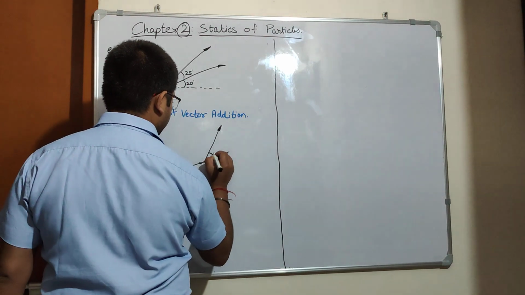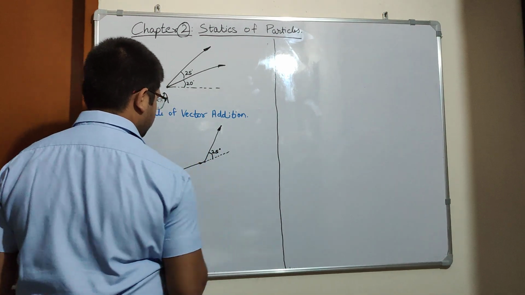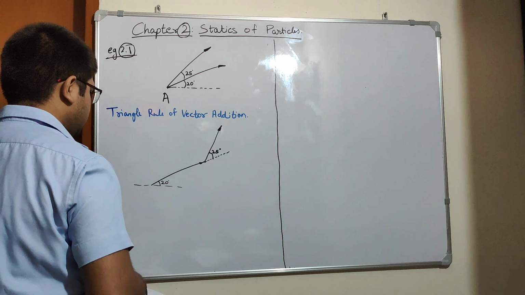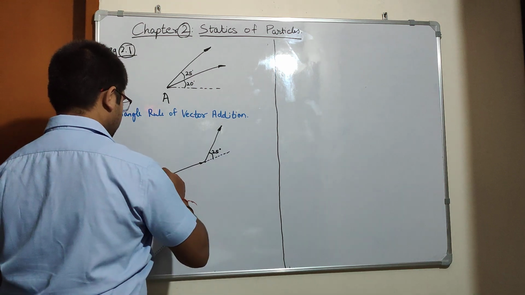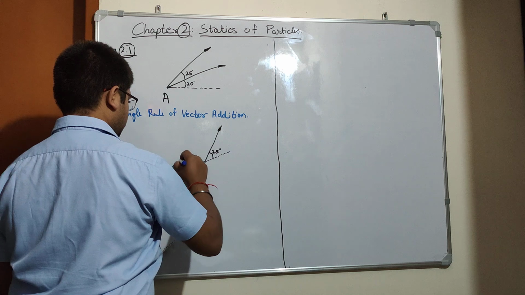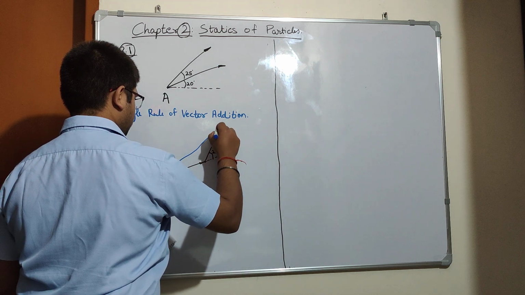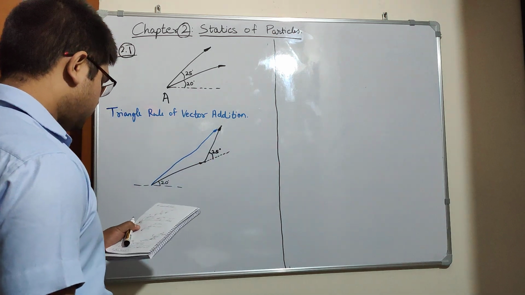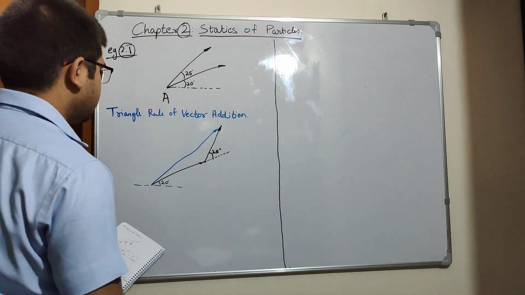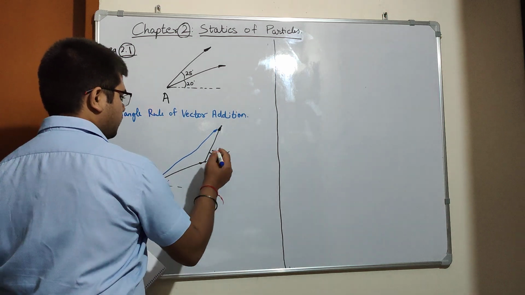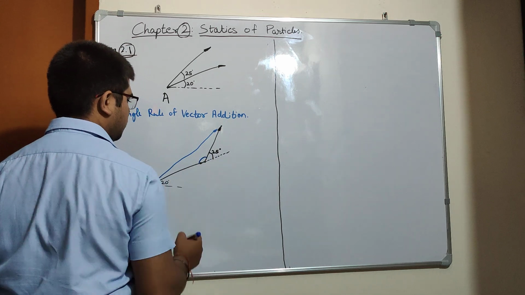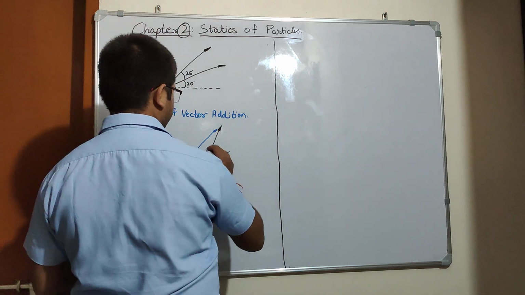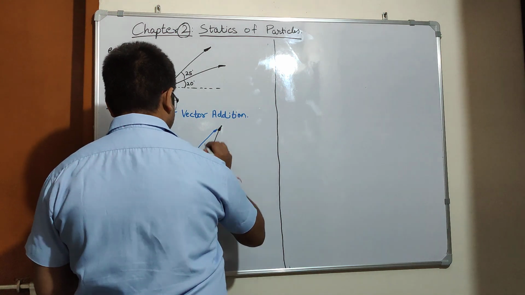So this is 25 degree. And the resultant vector is this. So what is 180 minus 25 degree? That would be this angle. That is 155, sorry.